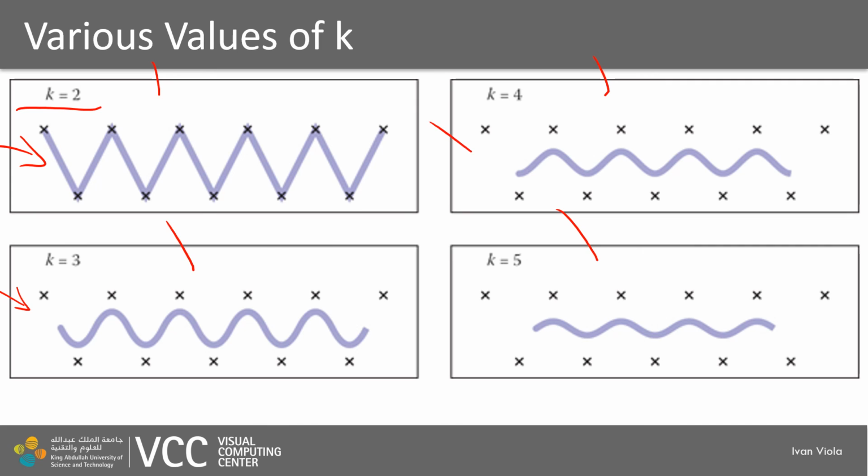In k equals 4, we will have the cubic B-spline as the basis functions, and then we will have even higher degrees. And we can see that with an increasing degree, our k, the curve is more and more smooth, so more and more continuous, also across the knots.